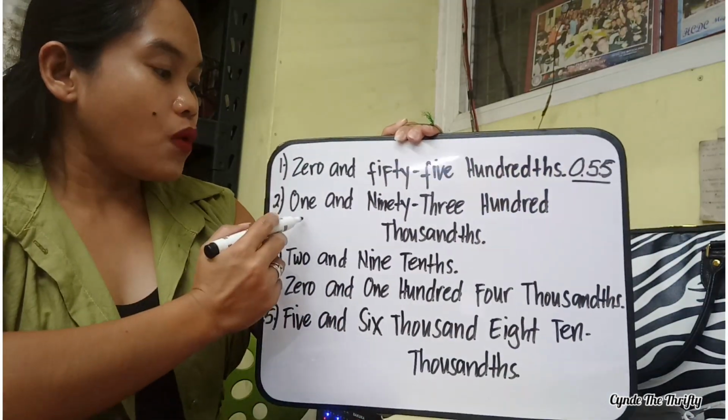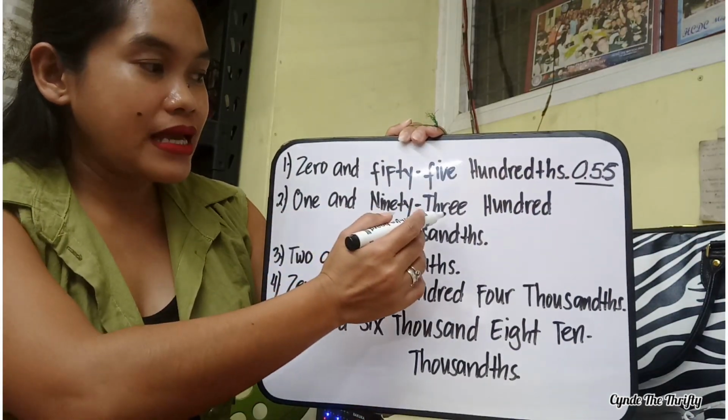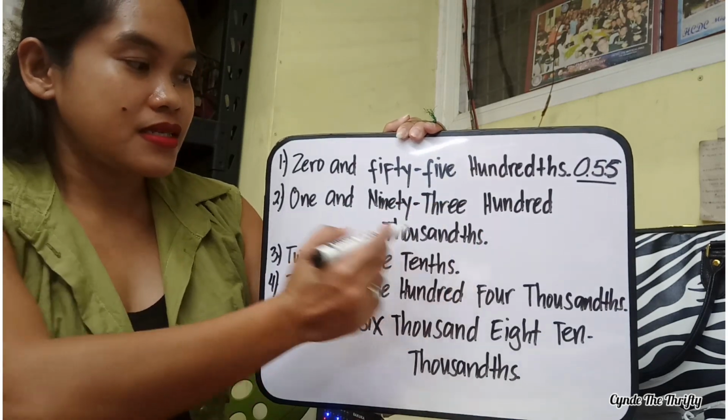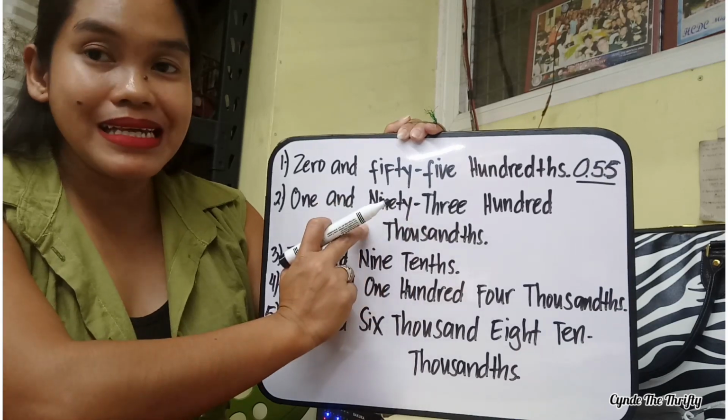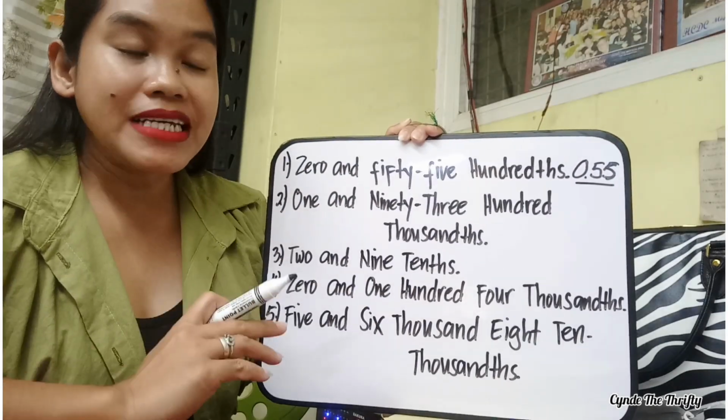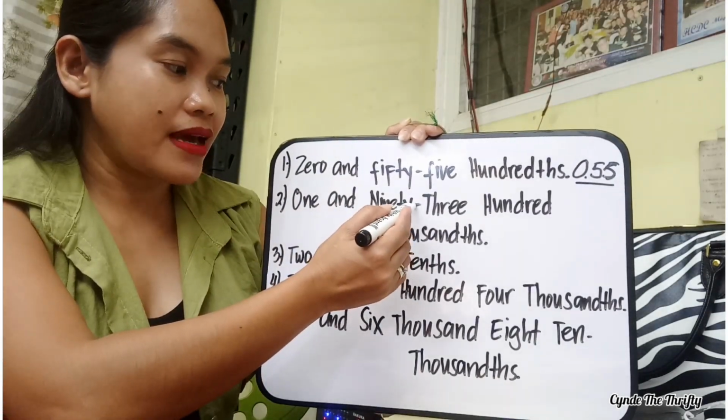Number 2, 91 and 93 hundred-thousandths. Tingnan nyo ang ating tens at saka ones ha. So 90 and 3, si 90 is tens and si 3 is ones. So naglagay tayo ng hyphen. Okay?